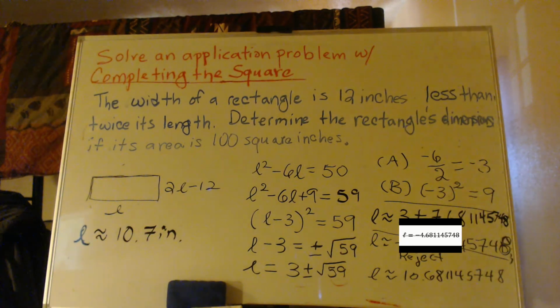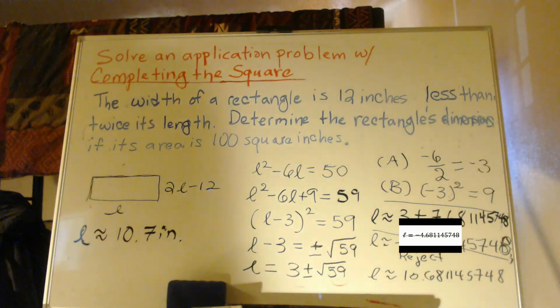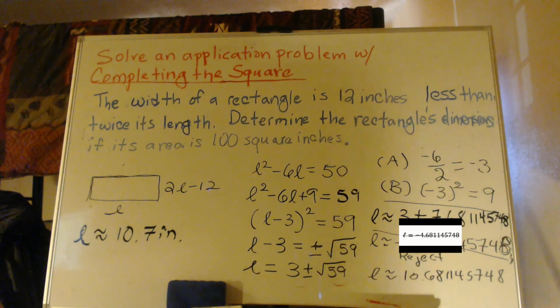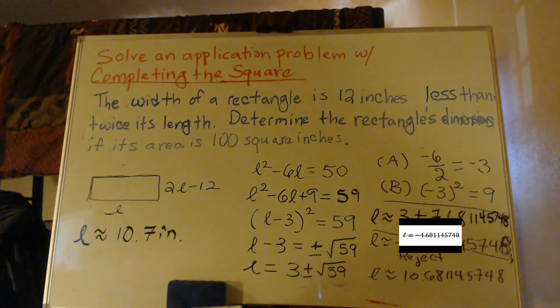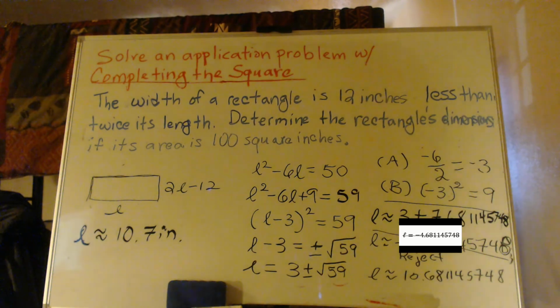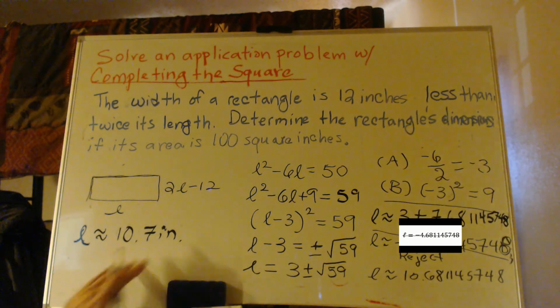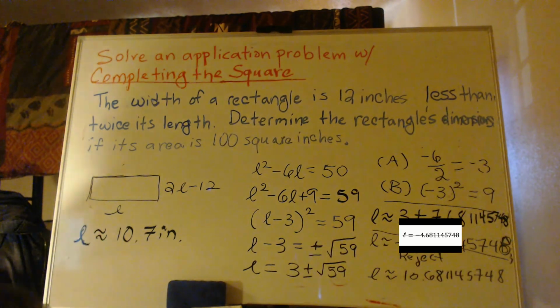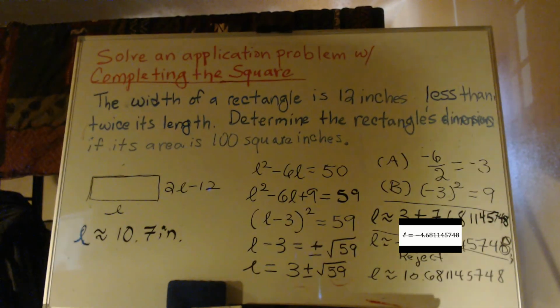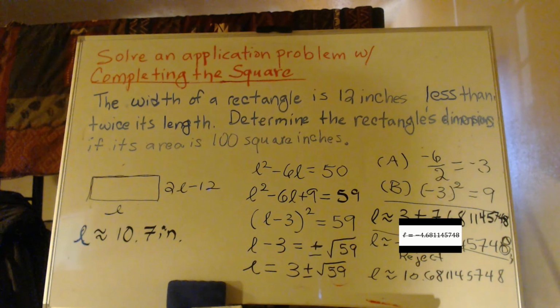Asking for the dimensions is asking for both the length and the width. Just in case, I'm going to take the more exact version. I'm going to double that and subtract 12 to find the width.